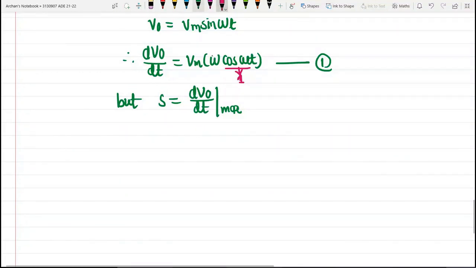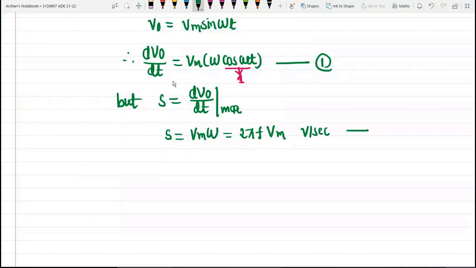Okay, now my S is equal to Vm times omega. And what is omega? Omega is 2 pi f. Okay, so we have S equal to 2 pi f Vm volt per second. Okay, this is the required equation of slew rate.